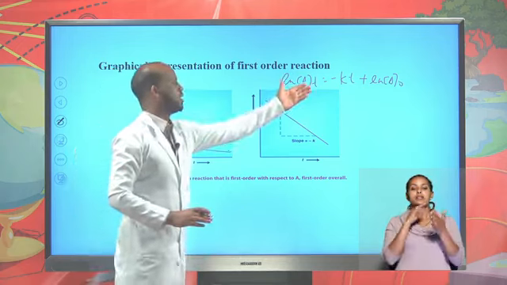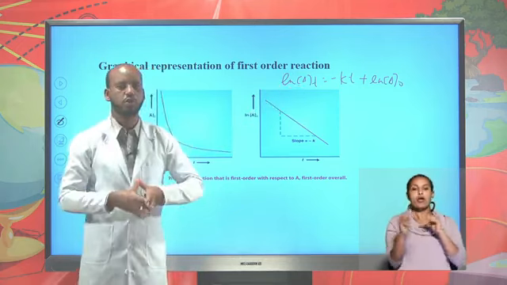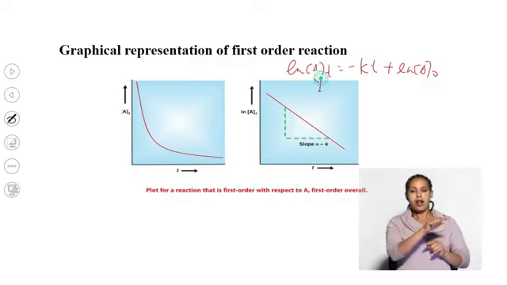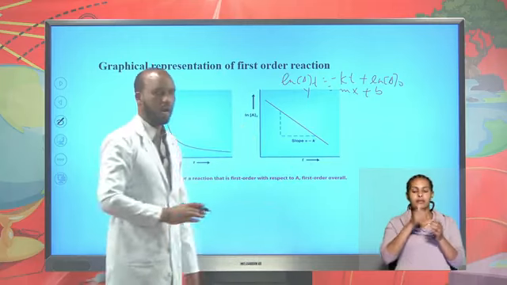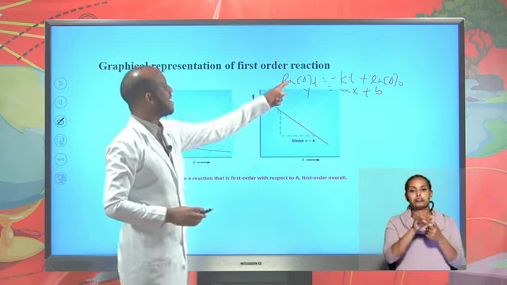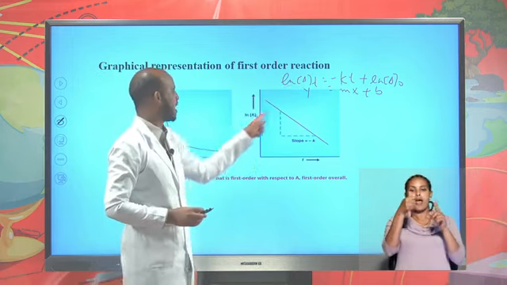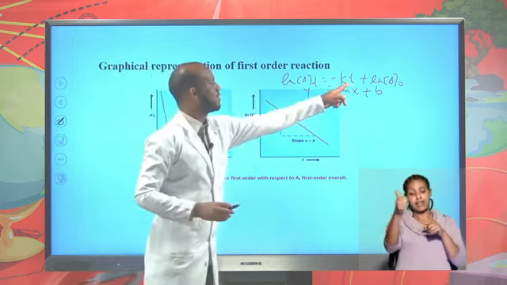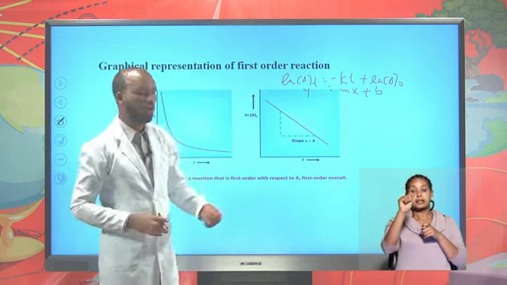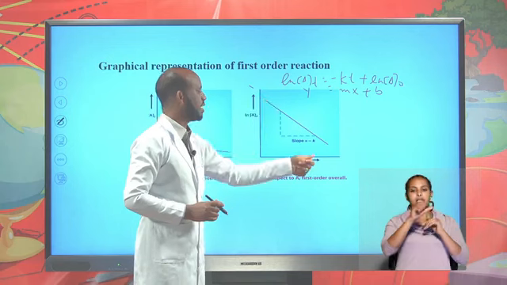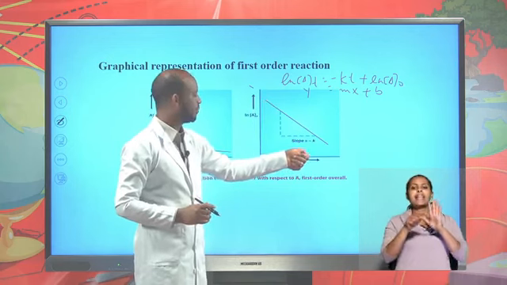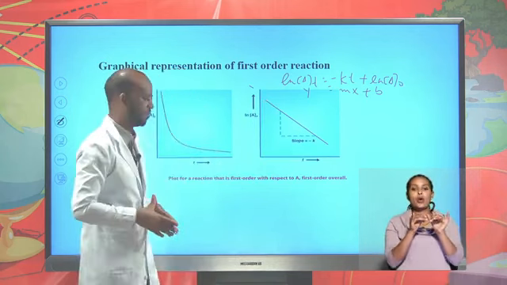This equation is similar to the equation of a straight line, y equals mx plus b. A plot of ln concentration of A at any time t versus t is a straight line with slope minus k. The slope of this line is the negative rate constant k.